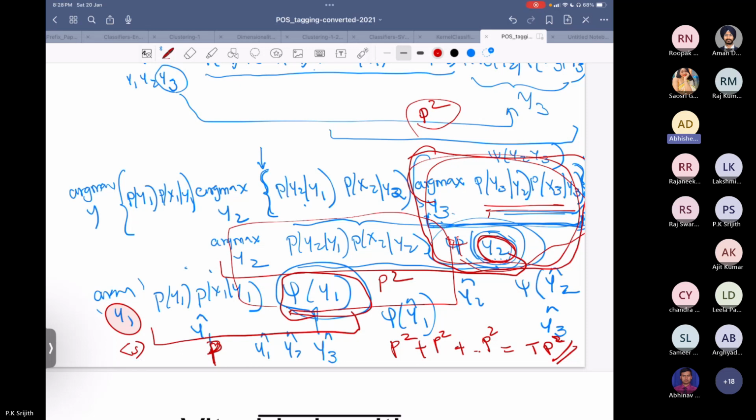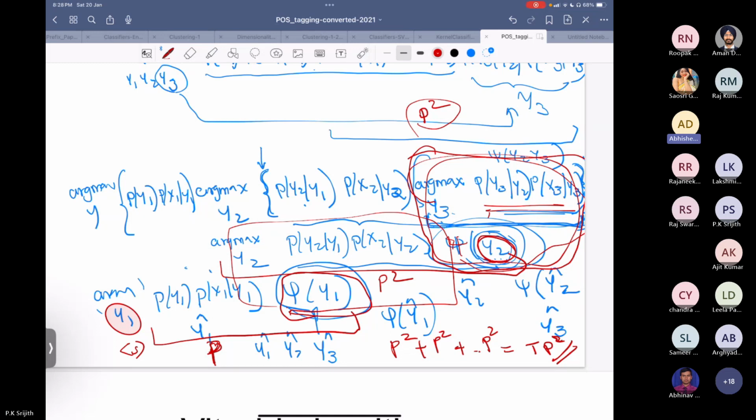I thought we were storing just one maximum value in that table. You may want to store that y2 also in order to allow you to backtrack.